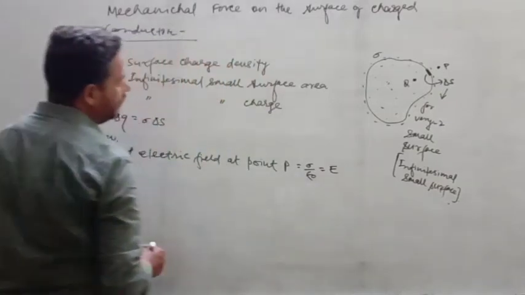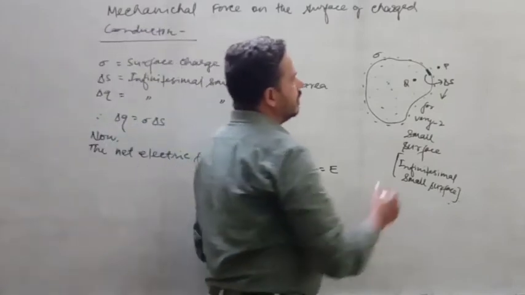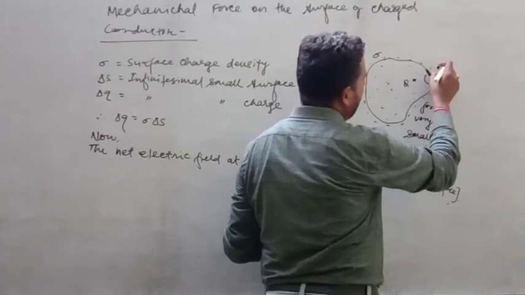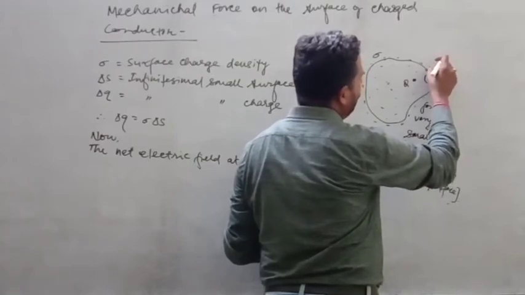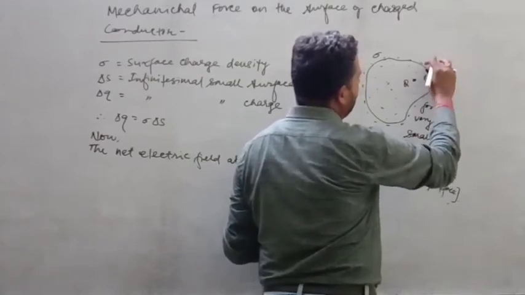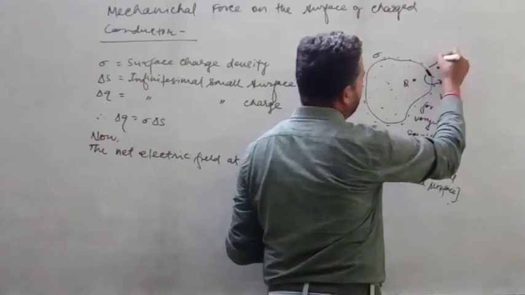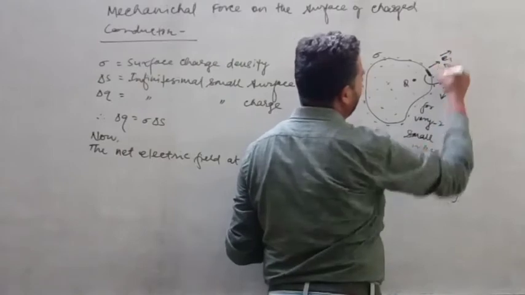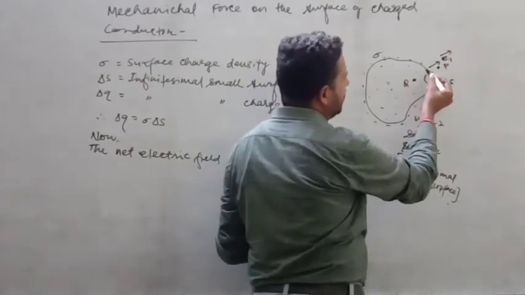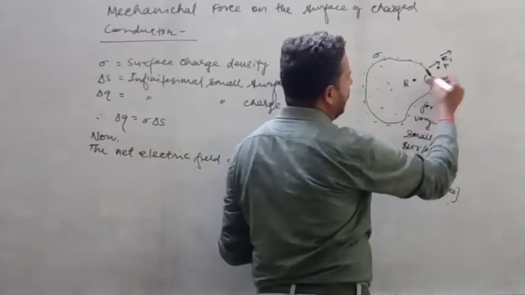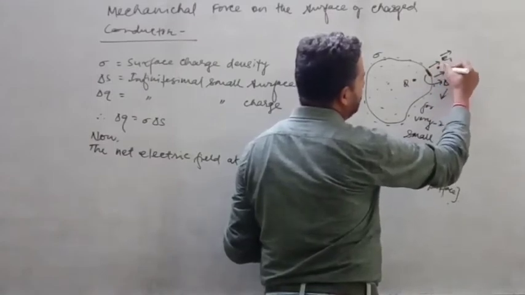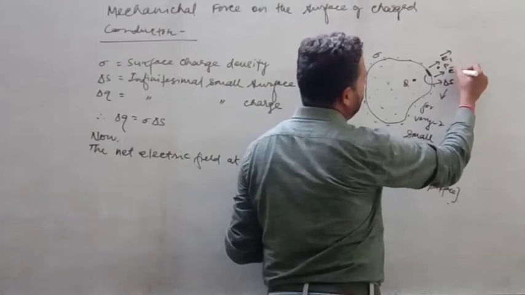You see this surface has charge delta Q. According to the charge on the surface, the field lines are in this direction; call this E1. And according to the charge just inside the surface, the field lines at point P are also along this direction; call this E2.